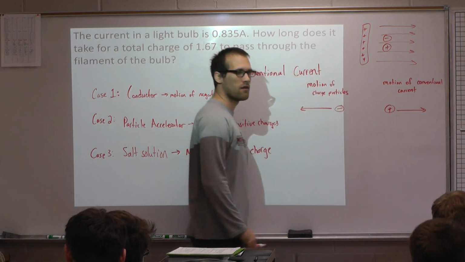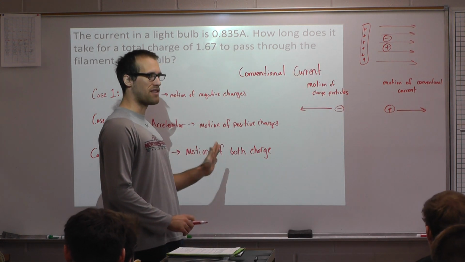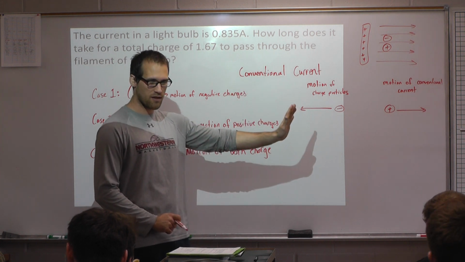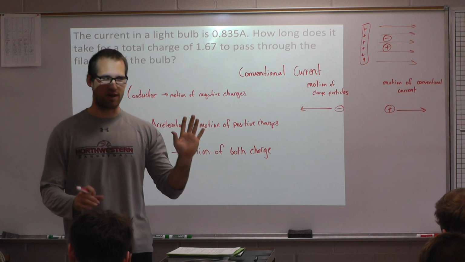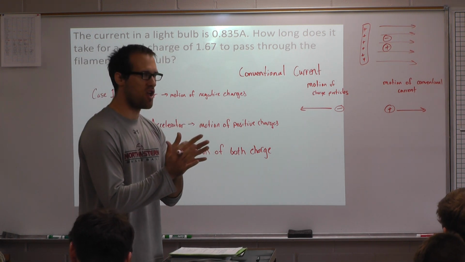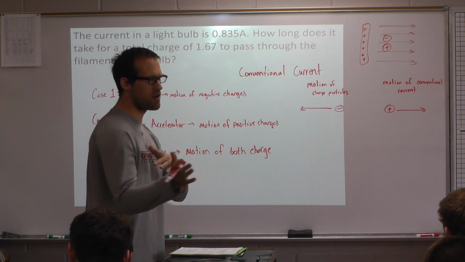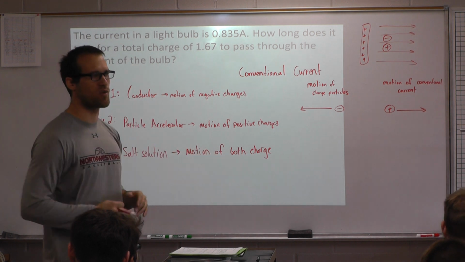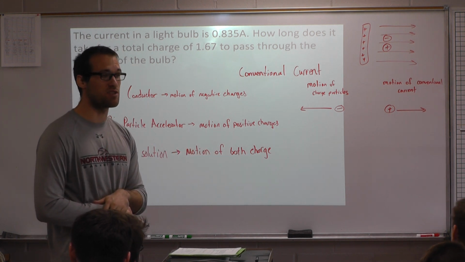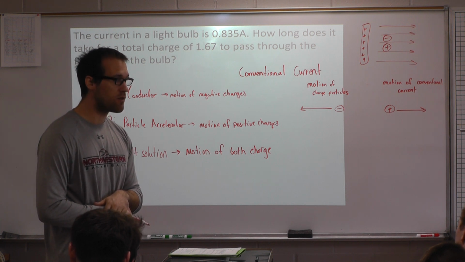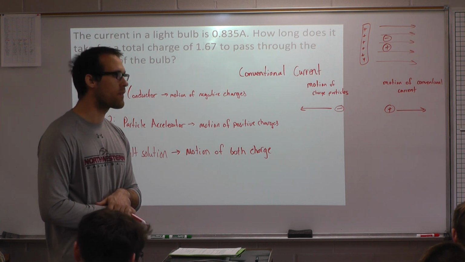That makes sense, because if a negative goes that way, the positive is going to go the other way. We're saying arbitrarily, in order to keep a standard, we're always going to focus on what the positive charged particle is going to do in that same situation.